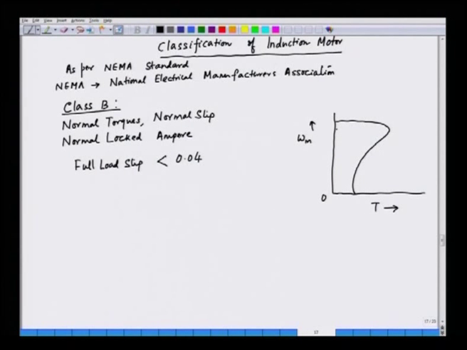So, we have the maximum torque here, and this is the starting torque. The starting torque is not very high, but it is moderate, and this has got normal rotor resistance. The rotor resistance is not very low, neither is it very high.